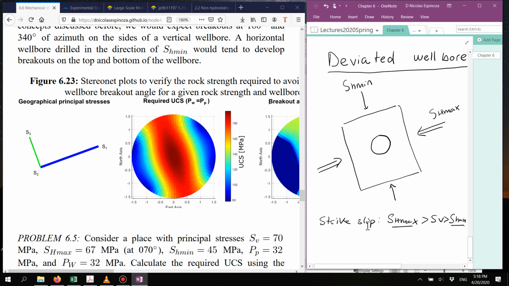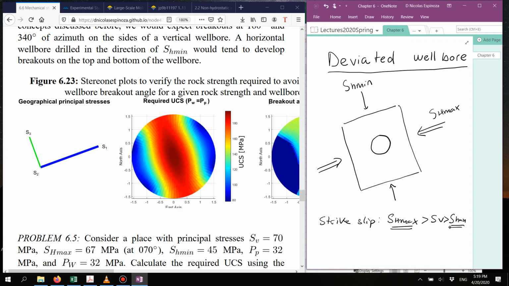That's why in this particular plot we see that the warmest region, and that's the region that requires the highest unconfined compressive strength in the rock, is for a vertical wellbore, which locates near the center. This is a wellbore that will require the maximum strength in the rock because it's the orientation at which I have the maximum difference between SH max and SH min.